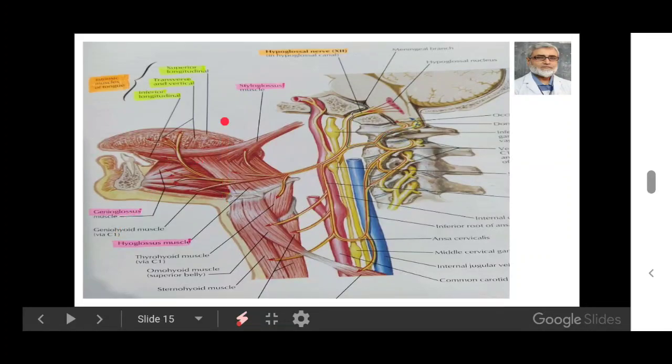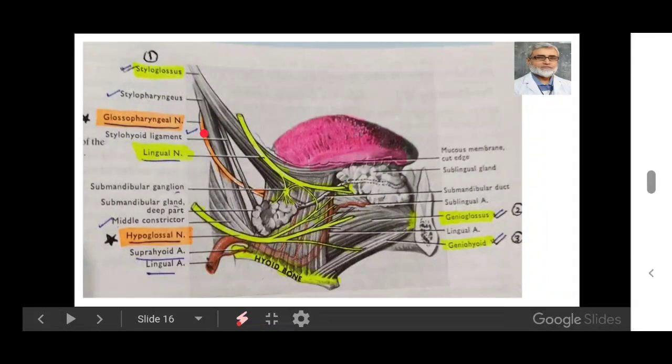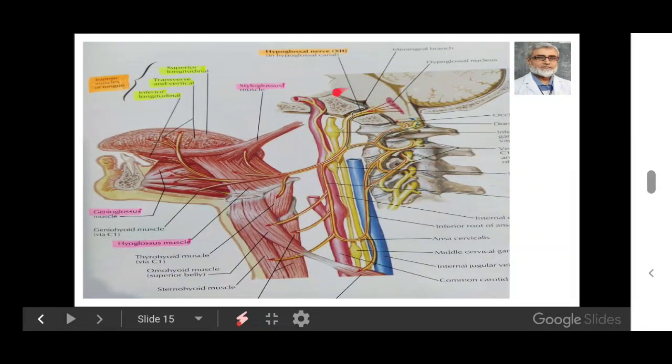In between you can see here, these are the transverse and vertical groups of intrinsic muscles of the tongue. Now come over to the extrinsic group of muscles. This muscle is styloglossus, and along with this muscle comes from the palate to the tongue, that is palatoglossus muscle.